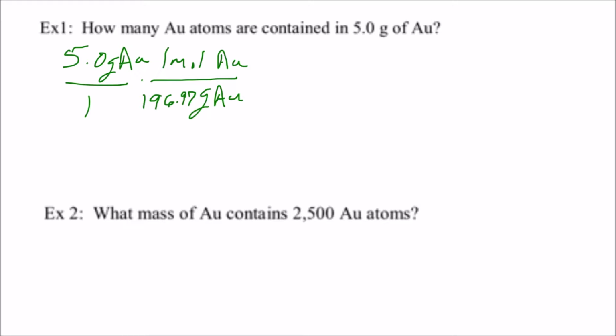But you'll notice they didn't ask me for moles, they asked me for atoms. Any time that you see the word atoms, particles, or molecules, you're going to use Avogadro's number. So we did not get to the unit that we were asked to get to yet, so that means we're not done. We have to put another bar down here. Whatever unit you have on the top is the same unit you have to put on the bottom, as always. So I'm going to put moles of gold down here.